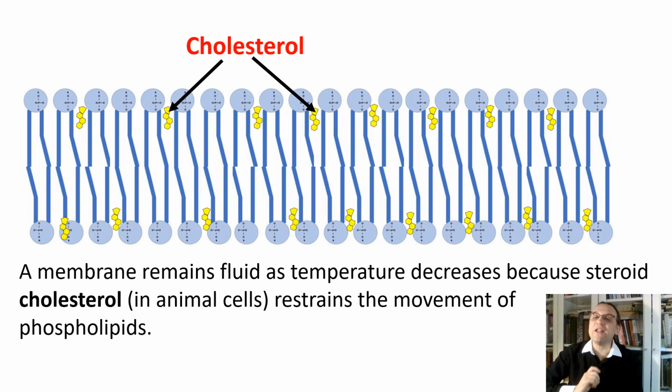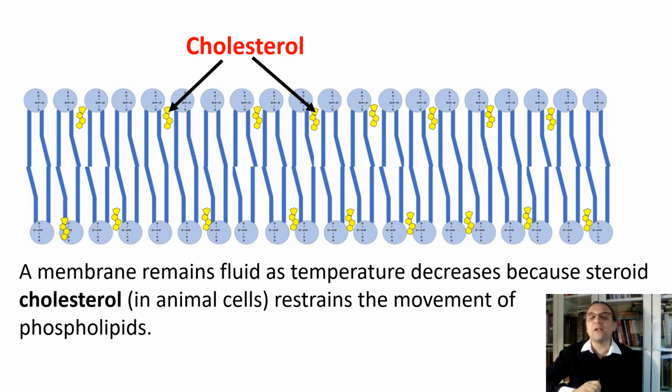Cholesterol restrains the movement of phospholipids, so the membrane is not too fluid, but as temperature decreases, it is the cholesterol that prevents the membrane from solidifying. We find cholesterol only in animal cell membranes, not plant cell membranes. But plants contain related compounds, sterols, that fulfill a similar function.